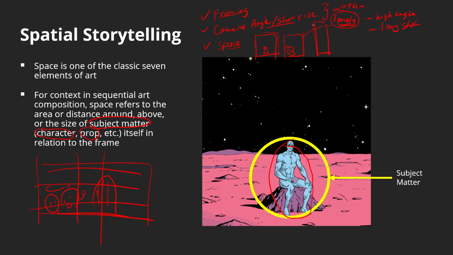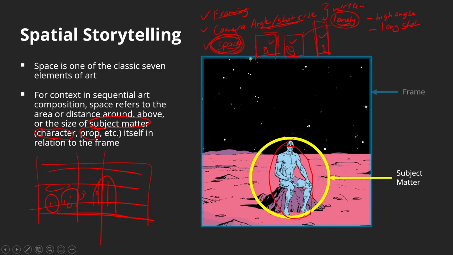You can have a very long panel, making it like that. So do you see this? All of these have the same framing style or same shot or angle size. But when you're starting to draw, you really must be very careful about space. That means the space between your subject matter and the frame.